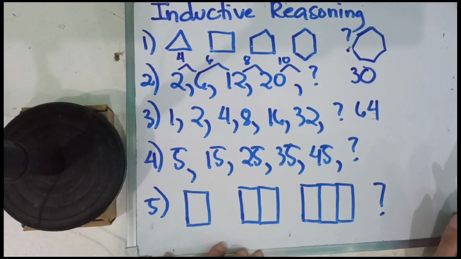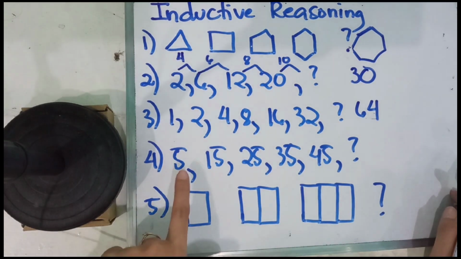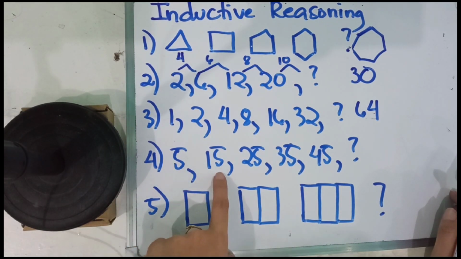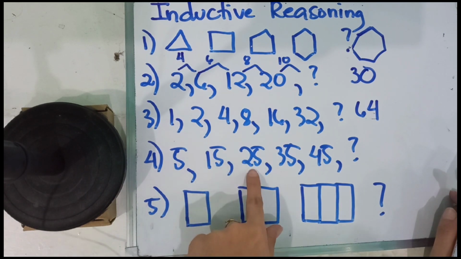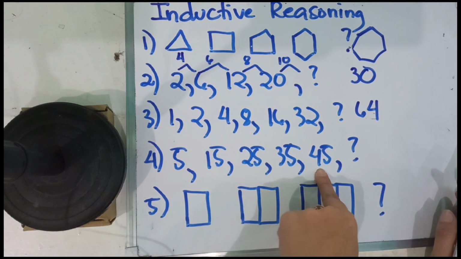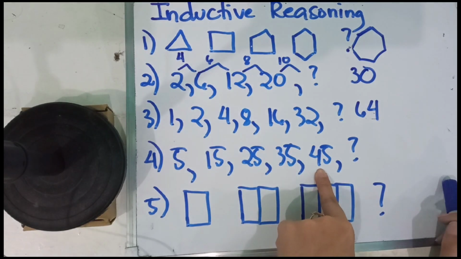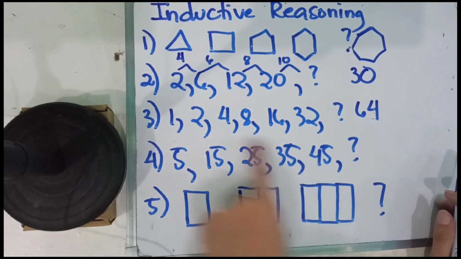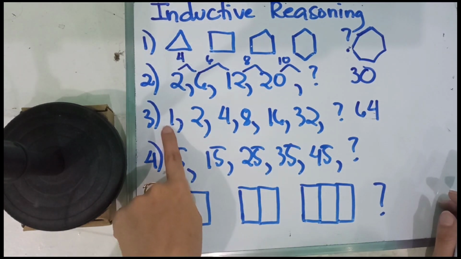So it's simply adding 10, right? Because 5 plus 10 is 15, plus 10 that's 25, plus 10 that's 35, plus 10 that's 45. We can also say that the common difference is 10. Previously, we said that our common ratio is 2, right?